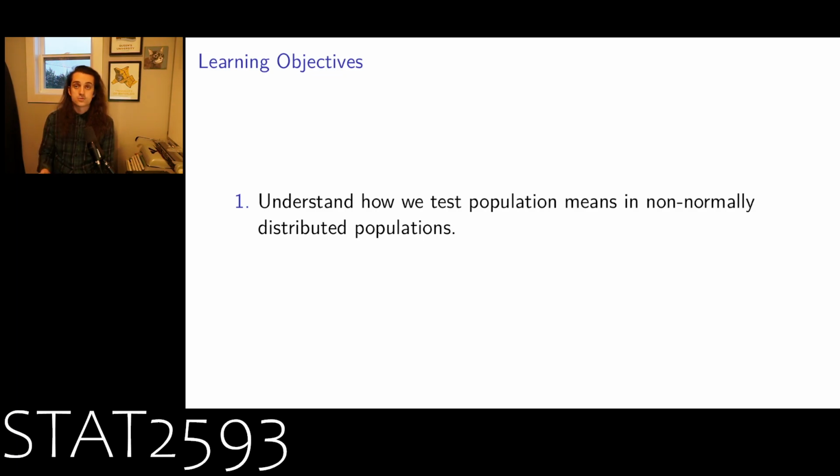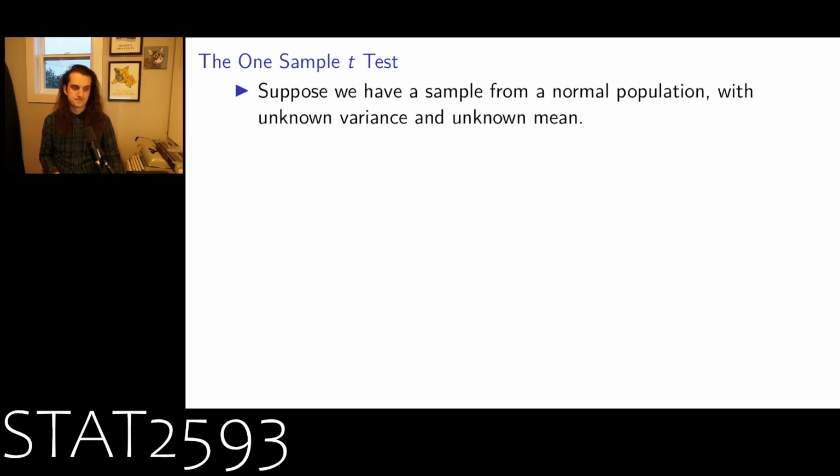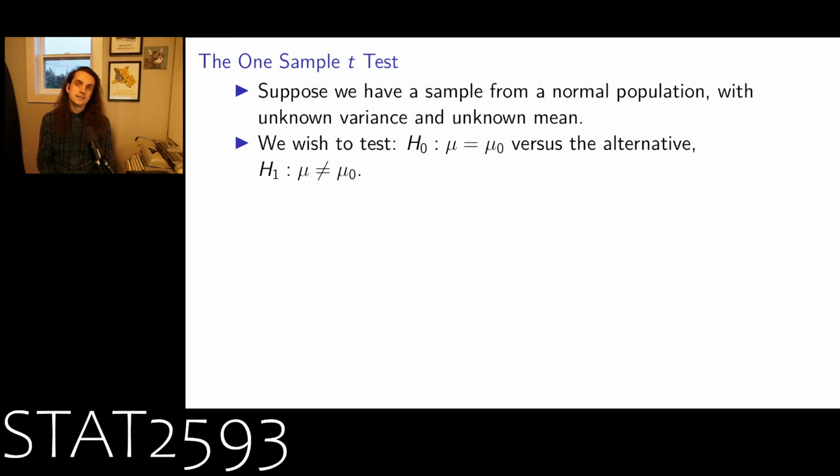As a result, we're going to have the same distribution coming out when we're looking at hypothesis testing. So the situation to think about is having a sample from a normal population when we don't know the variance and we don't know the mean. We'll want to test a hypothesis about the population mean.